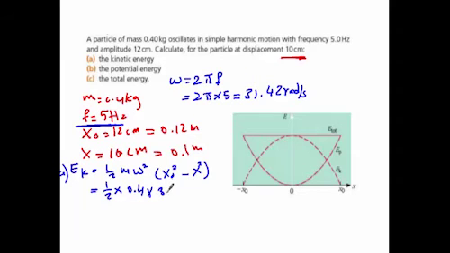So put it here. We have 31.42 all square times x naught square, which is 0.12 square, minus x square, which is 0.1 square.